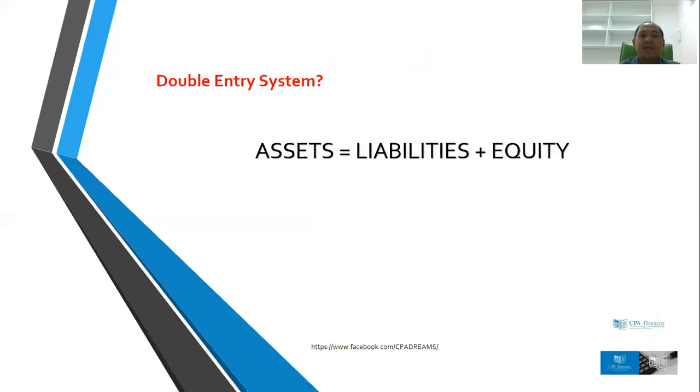Okay? Now, when we said double entry system, dito na tayo papasok sa debit and credit. Again, kung nasa asset side on the left side, it's debit. On the right side, liabilities and equity, credit. Again, yung mga accounts under asset, that is debit.